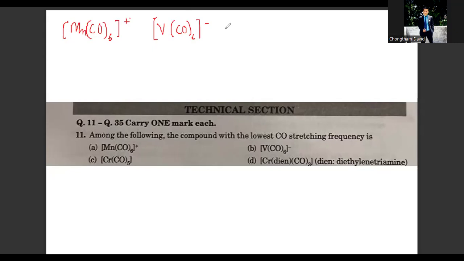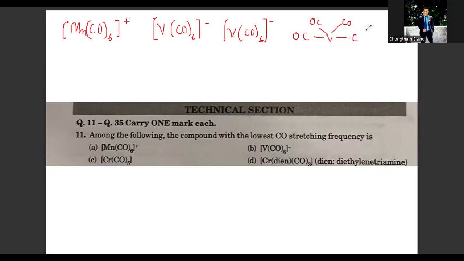So it would look something like this: vanadium carbonyl with a negative charge. To this, we can further expand the structure. Central atom is vanadium. Carbon has a tendency to form back bonding.